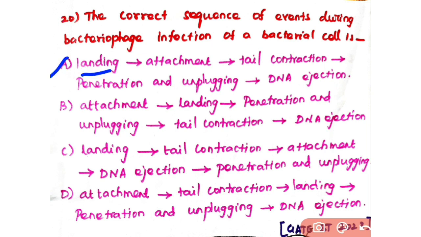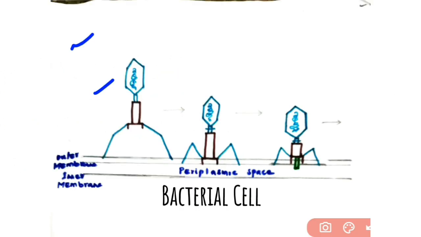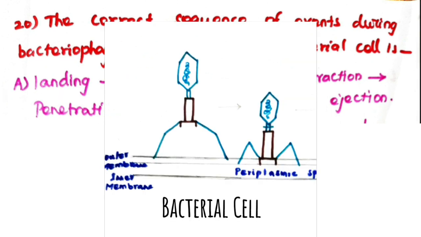The first step in bacteriophage infection of a bacterial cell is landing. In this step, the bacteriophage lands on the surface of the bacterial cell, which has an outer membrane and an inner membrane. The second step is attachment. In the attachment step, the bacteriophage attaches to the bacterial cell wall at a specific receptor site by the tail fibers.